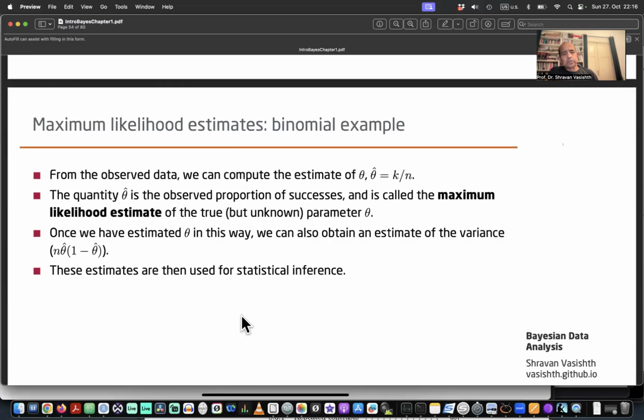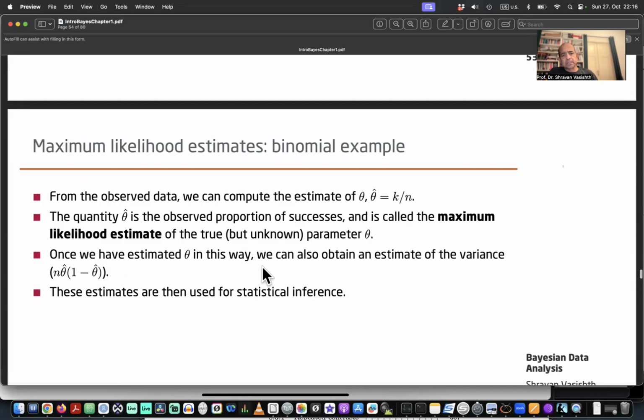Right, so what we do typically when we do data analysis is that we start by getting an estimate of the parameter of interest. So in the binomial case, it would be theta. We can get the estimate of theta by dividing k by n, right? Now, what's interesting about this estimate, theta hat, in a binomial random variable, is that it is going to be the maximum likelihood estimate.